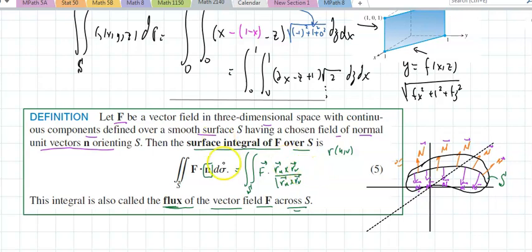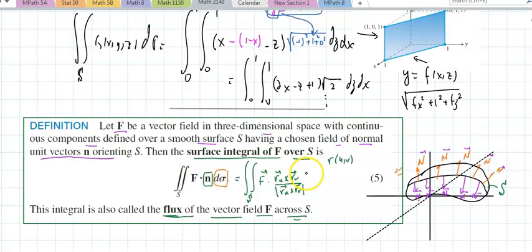And we know what this is, right? It's r sub u crossed with r sub v du dv, and that's what we're left with.